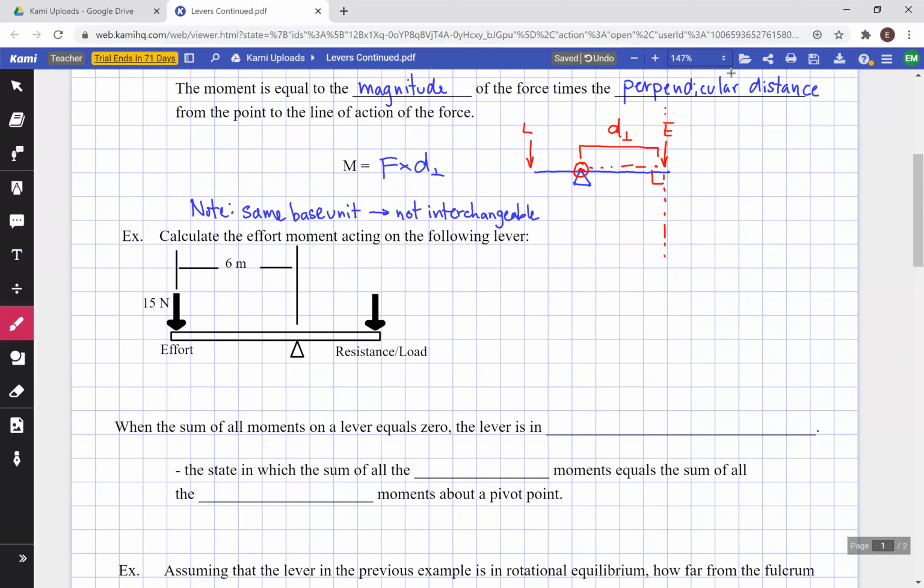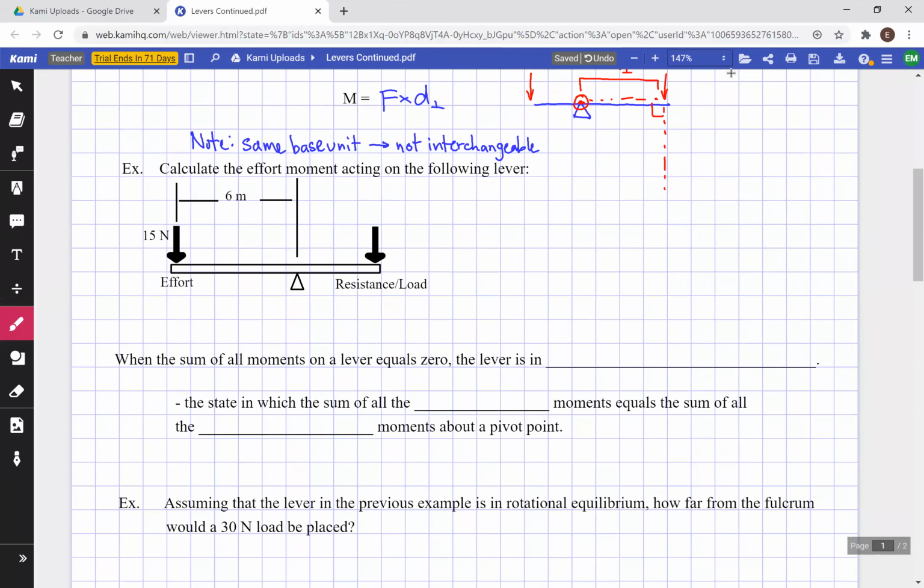So let's do an example. Let's actually calculate the effort moment acting on the following lever. On the left side, we've got a 15 Newton force that is 6 meters away from the fulcrum. So if I want to find the moment caused by the effort, we'll call it ME, that is just the force, 15 newtons, times the perpendicular distance.